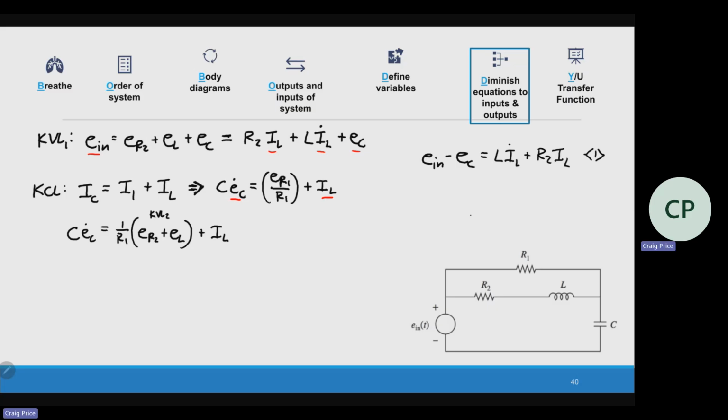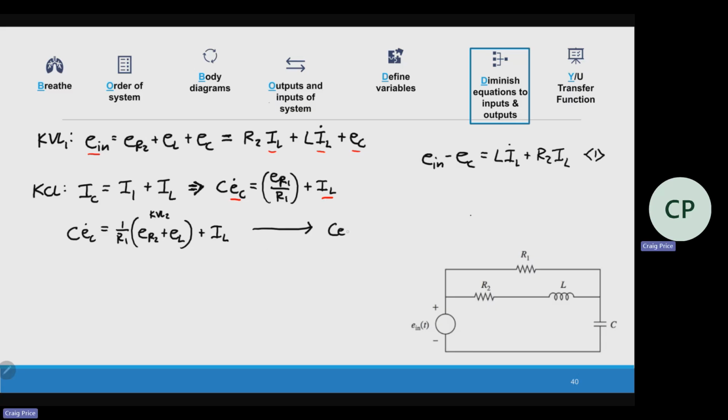Okay, now we're actually back at a point. If you look here, we had an ER2 plus EL up there, where we could just make the same substitution, because we had a definition for ER2 and a definition for EL. It's good, maybe. Although, what happens if we do that?